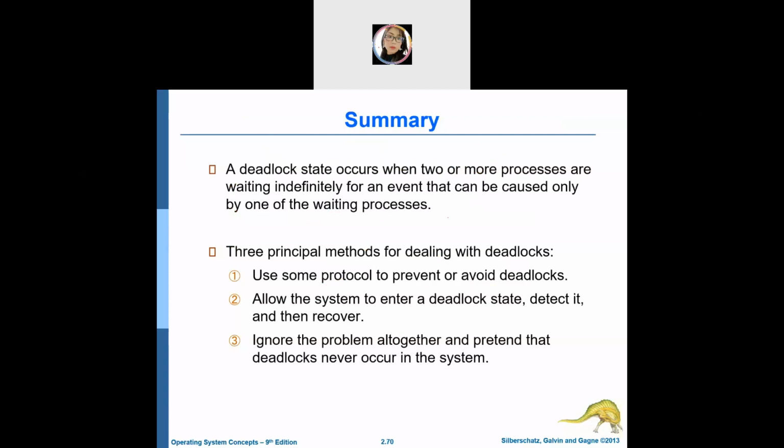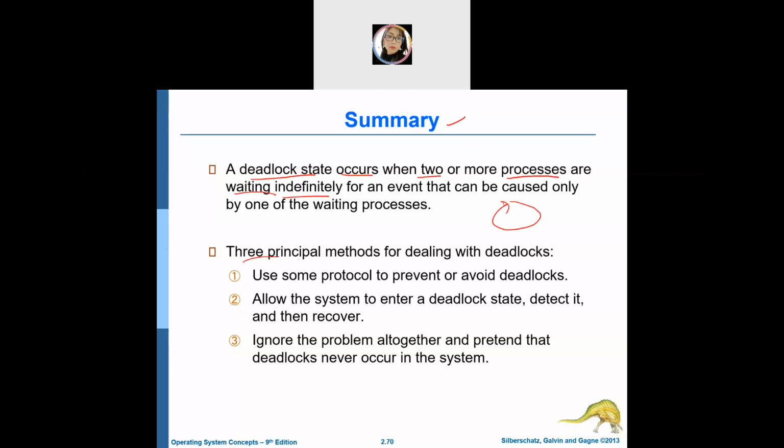So the summary of all: a deadlock state occurs when two or more processes are waiting indefinitely. I guess you can conclude by yourself how to find the deadlock, because last time we looked into many examples about deadlock.